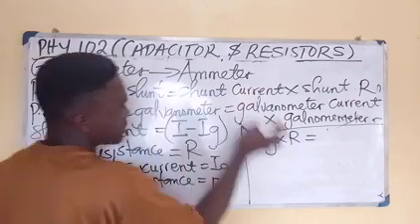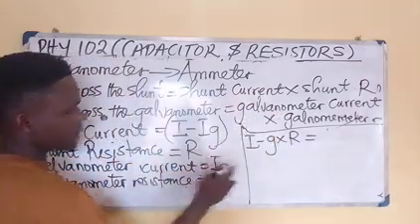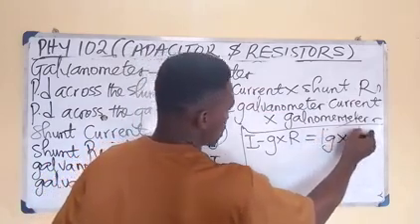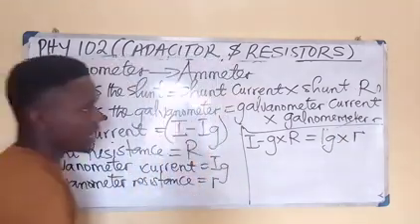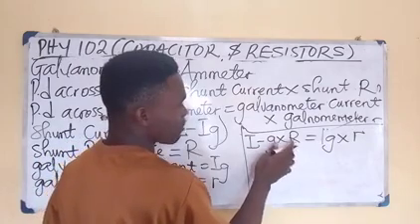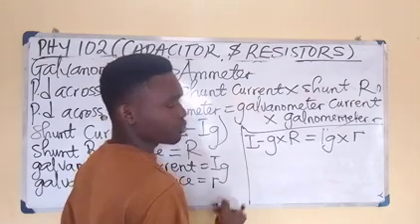So (I minus Ig) times Rs equals Ig times Rg.